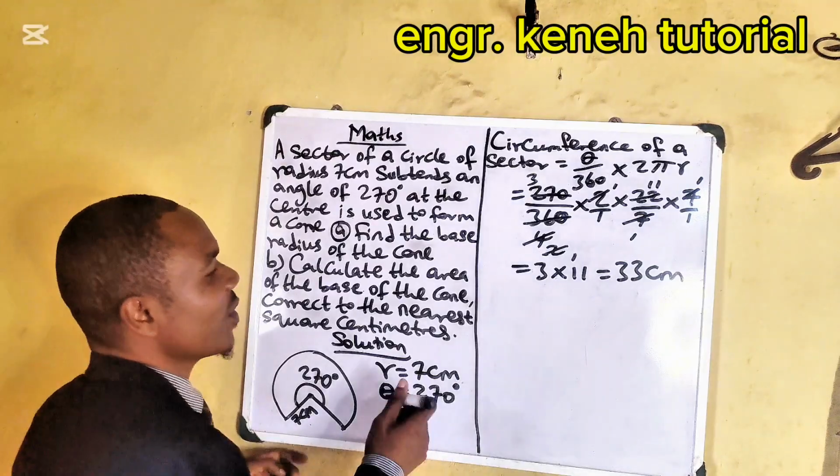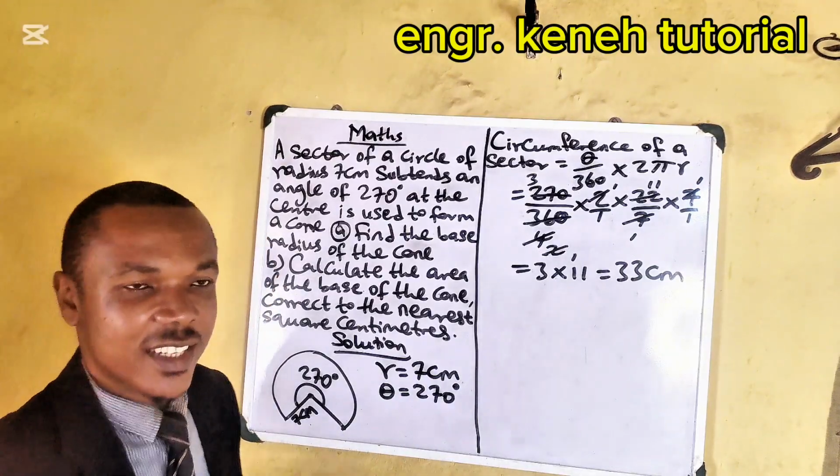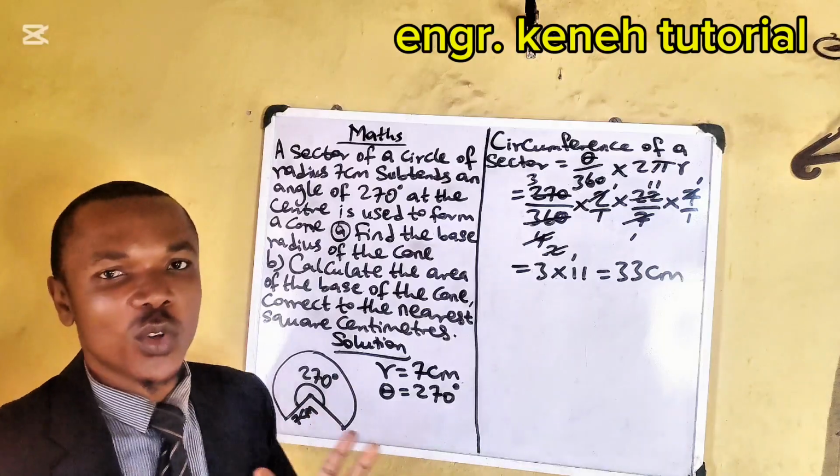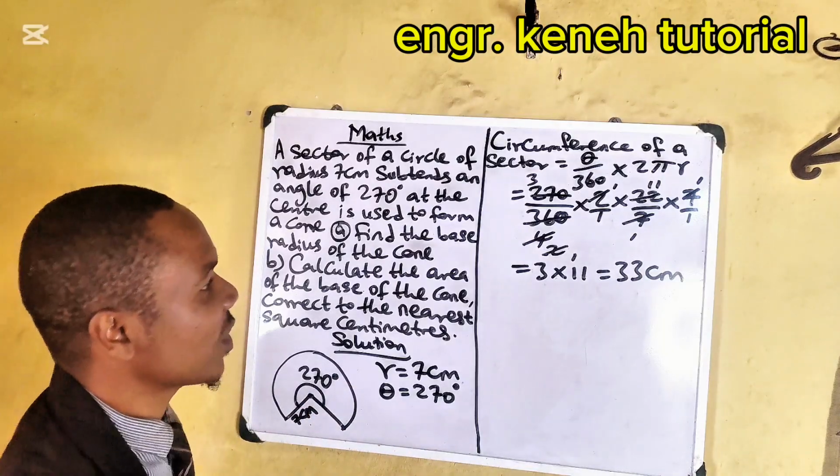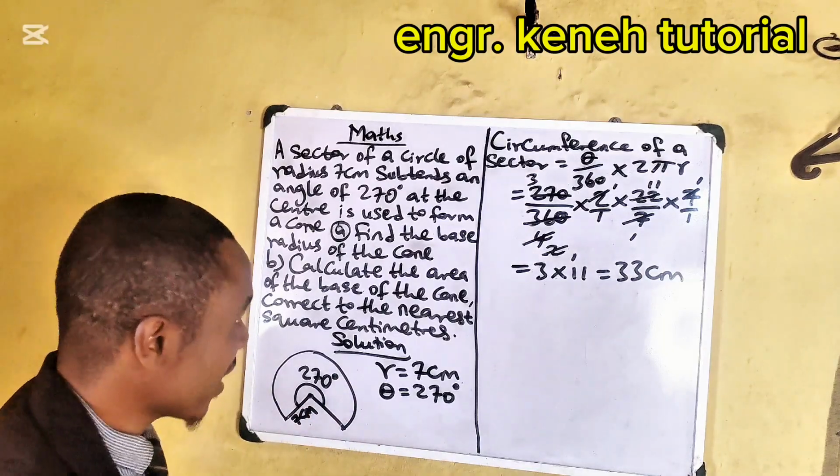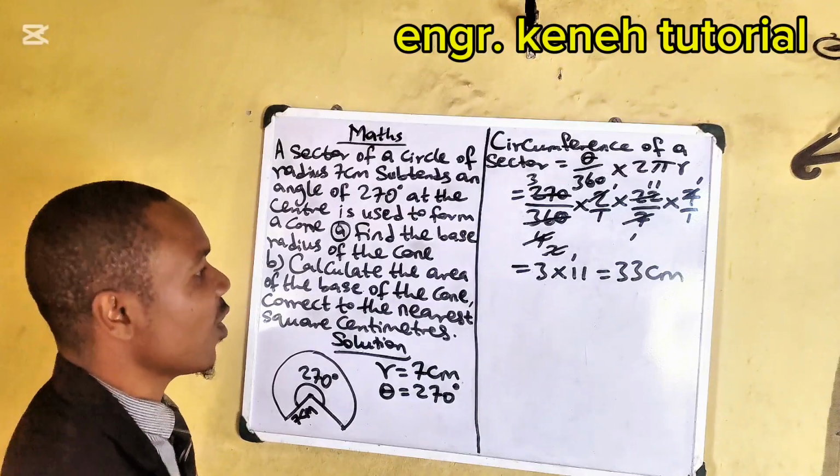For you to find the radius of this, you have to equate that the circumference of the sector is equal to the circumference of what? Is equal to the circumference of the base of the cone.